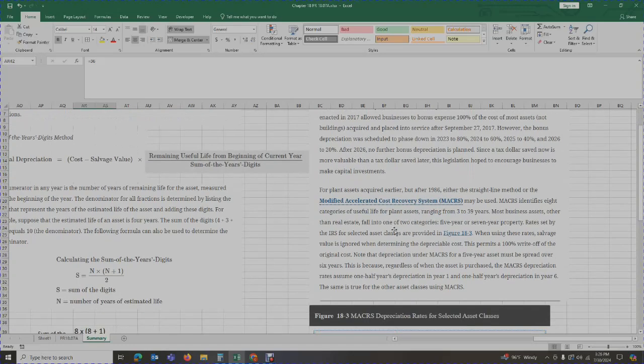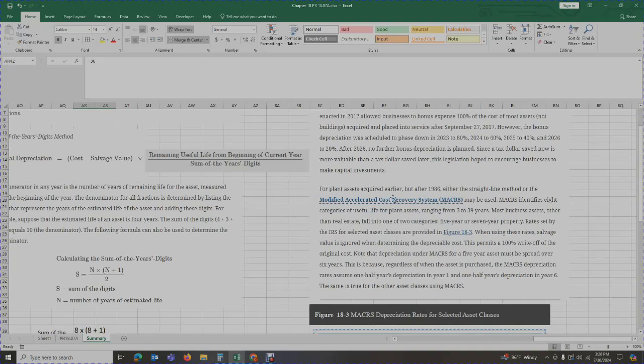For plant assets acquired earlier but after 1986, either the straight line method or the modified accelerated cost recovery system, which is known as MACRS, may be used. So, for tax purposes, you can only use straight line or MACRS. MACRS identifies 8 categories of useful life for plant assets ranging from 3 to 39 years.